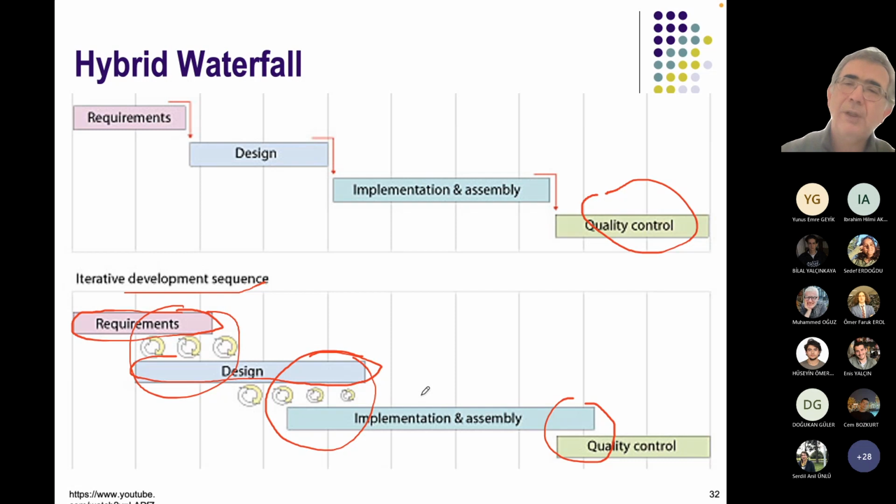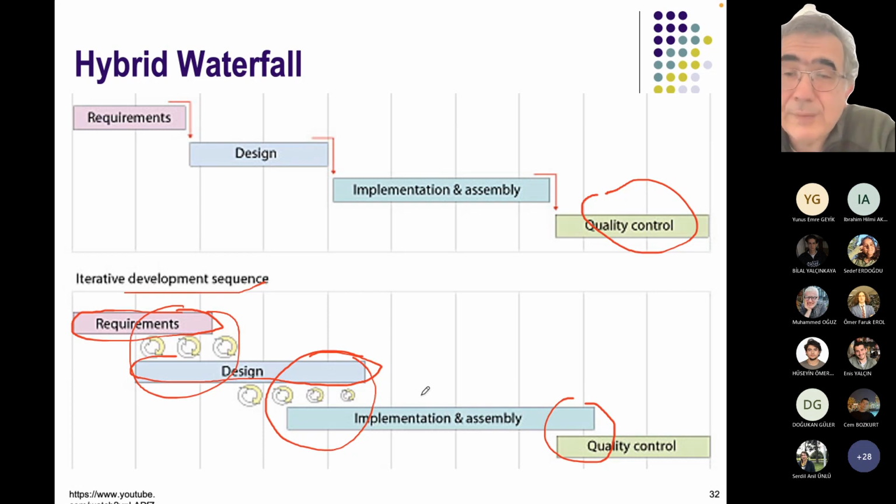Okay, that's what we call hybrid waterfall, and today it is the most looked after model for project management. A complete agile process is not well suited for many projects because scope creep is possible in that case, and budget overruns and time overruns are possible with that kind of approach.